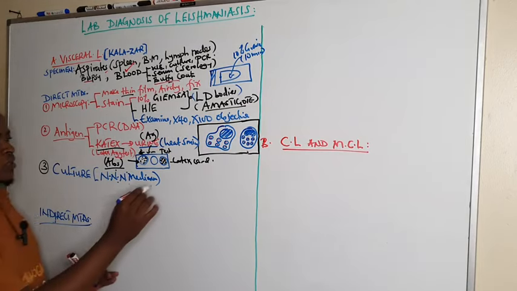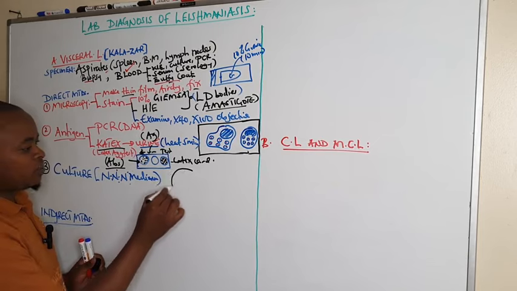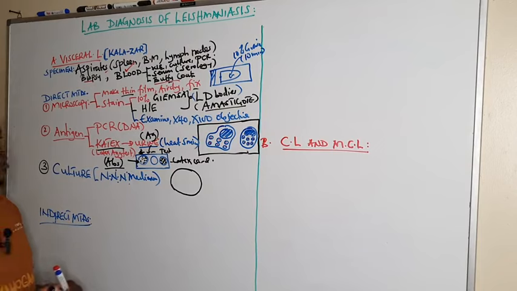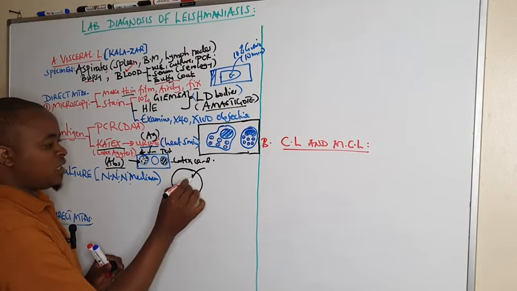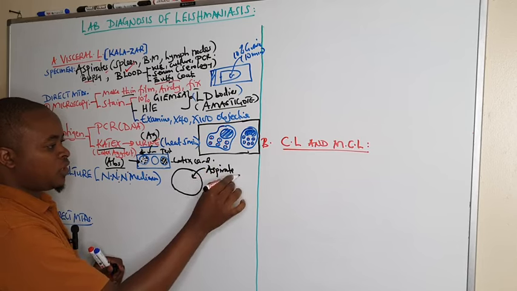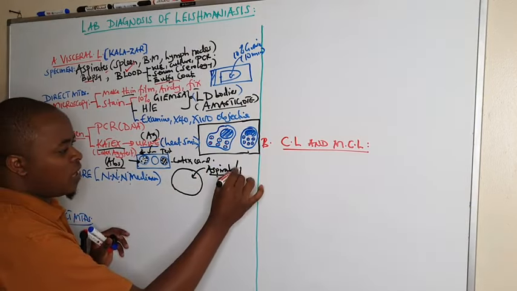we culture it and we put aspirates. So if this is a culture media plate containing nutrients for Leishmania donovani, we inoculate the aspirate from a patient whom we are suspecting, which can be an aspirate or blood.